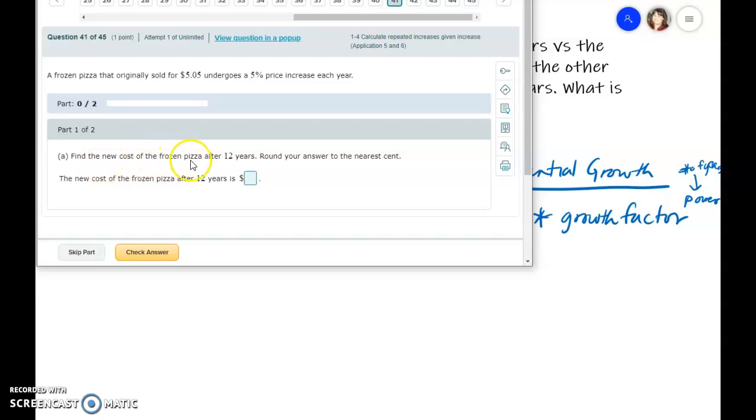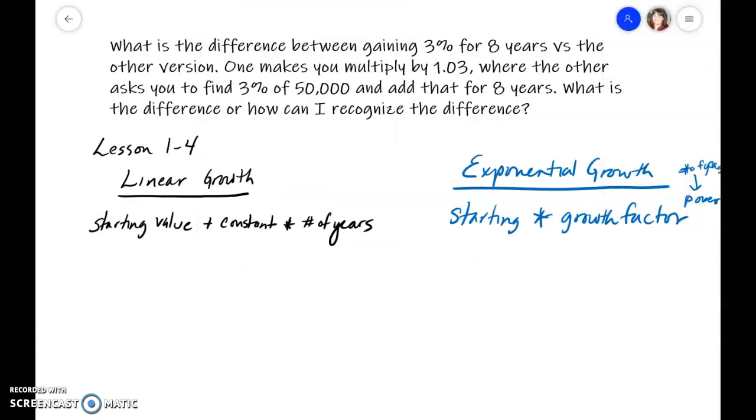Find the new cost of the frozen pizza after 12 years. Round your answer to the nearest cent. The new cost of the frozen pizza after 12 years is blank. So I've got the question there, and I'm going to write down the important parts.